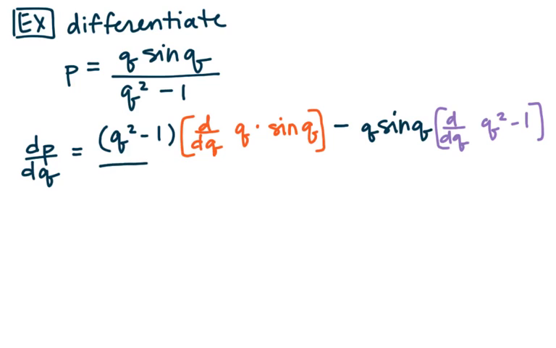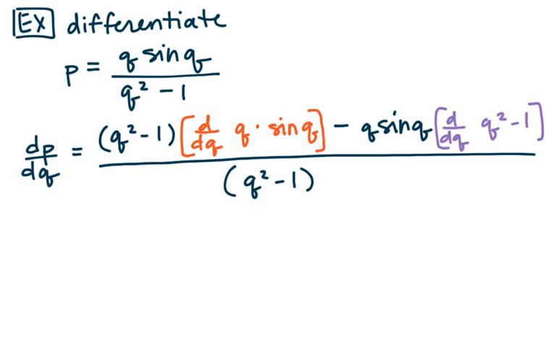All of this is over that denominator, Q squared minus 1 quantity squared.